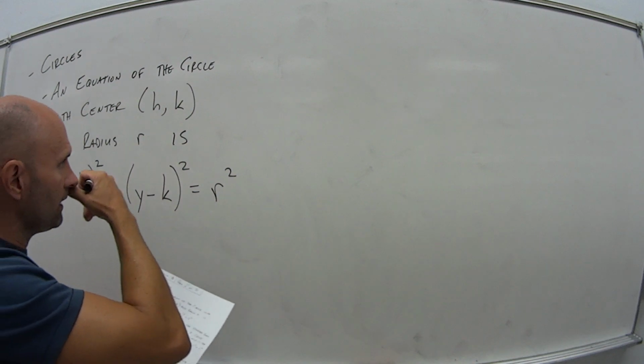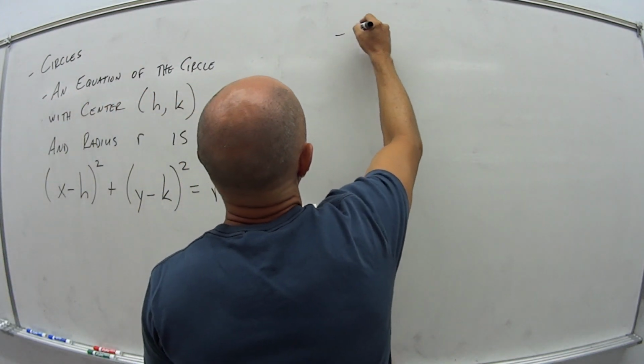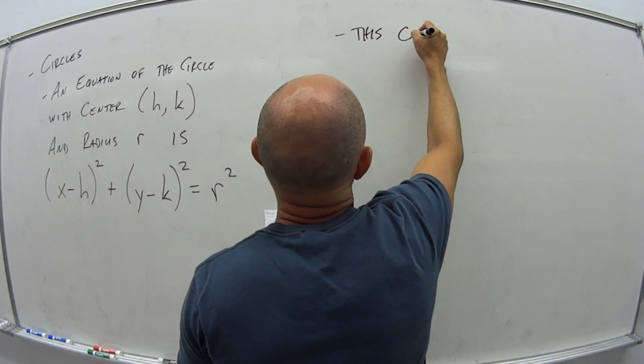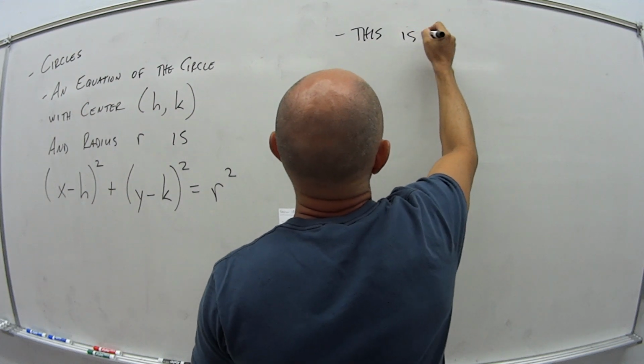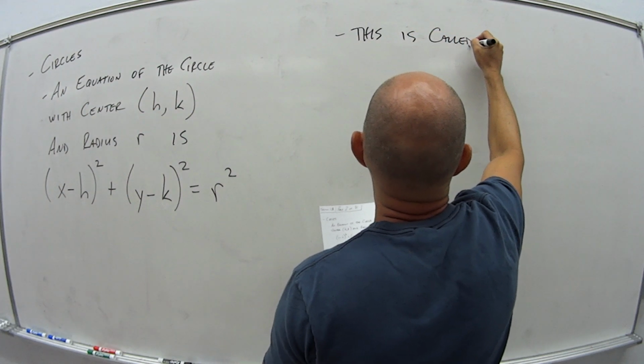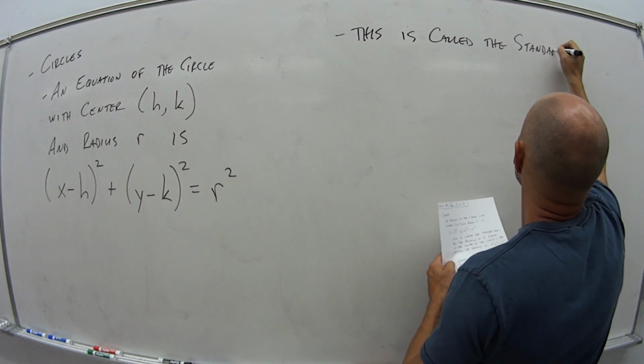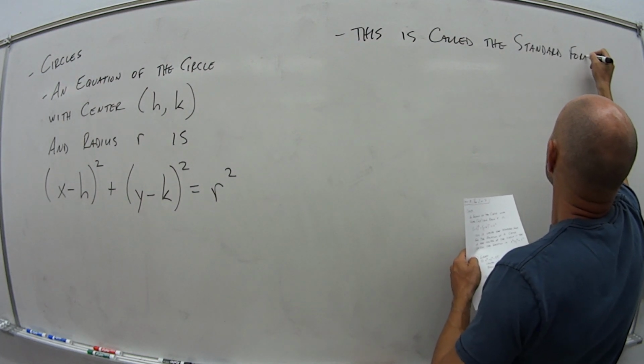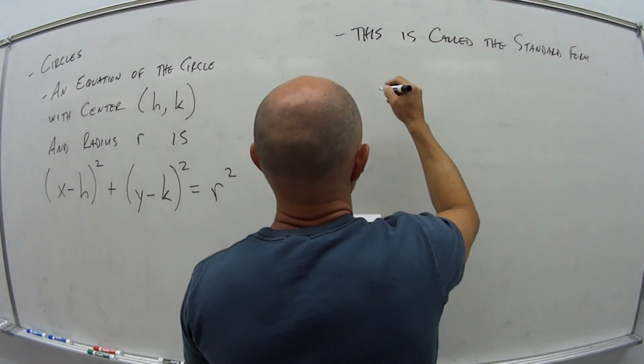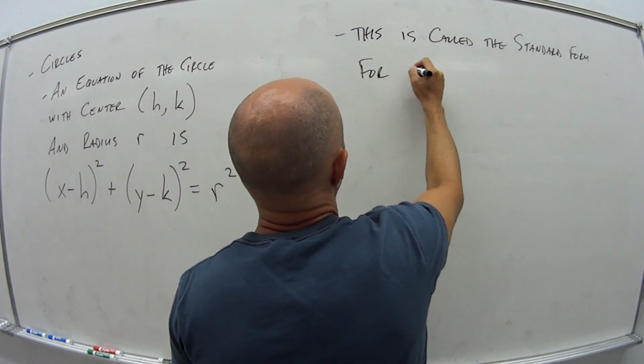So this equation is called the standard form for the equation of a circle.